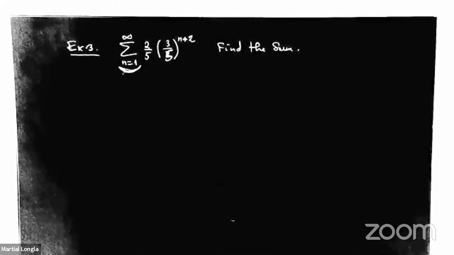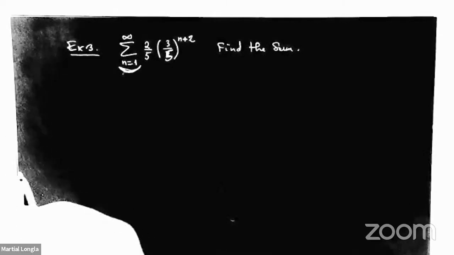Thank God, 3/5, that's r, is in absolute value less than 1. So we do know that this thing is going to converge. Now, how do we figure what the limit is? We shouldn't just write down a over 1 minus r, because the formula a over 1 minus r is for a series that starts with n equals 0. I can't emphasize this enough.